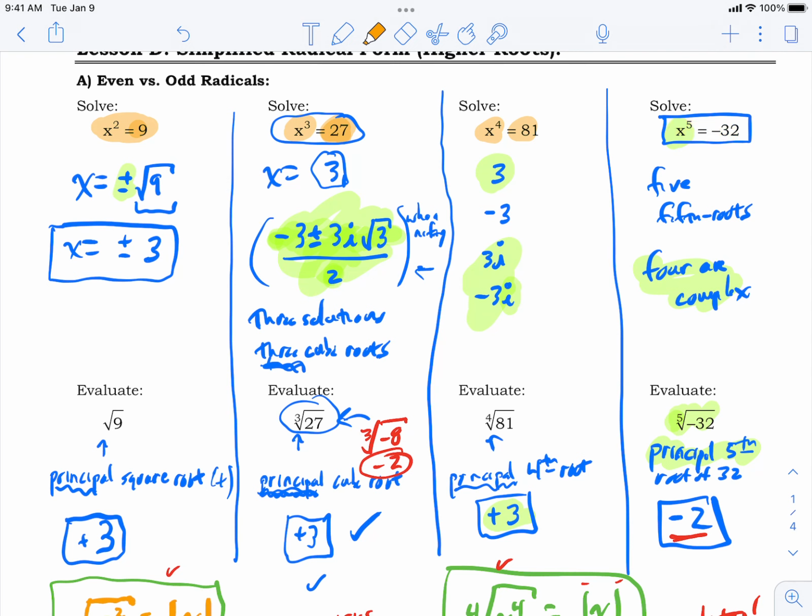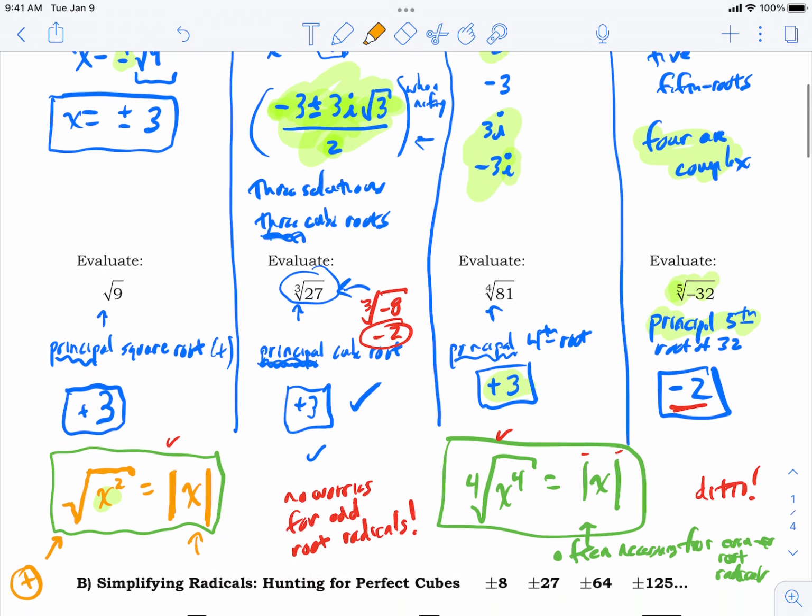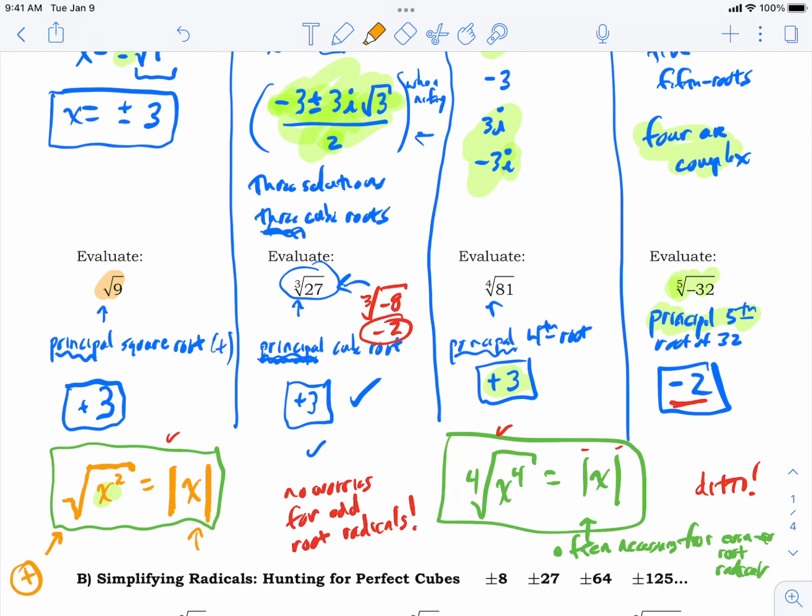So if you're solving an equation of these forms, where the problem is, find 2 numbers that multiply to 9, in other words, you're finding the square roots. Find a number that when you multiply by itself 3 times, you get 27, which is another way of saying find cube roots. But you want to find all cube roots if you're solving this equation. These symbols mean the principal roots, which is kind of like the first root. In the case of even root radicals, it's going to be positive always.